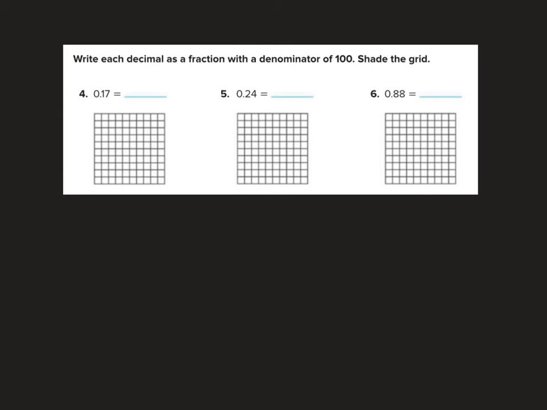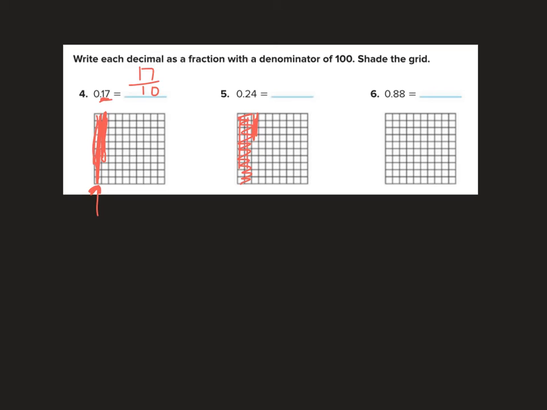17 hundredths. Notice now I'm having boxes. That means I'm talking hundredths. I need to color in 17 of them. 1, 2, 3, 4, 5, 6, 7. So I should have 3 left over. Yep. So notice I have 1 ten stick and 7 hundredths, 7 boxes. So this would just be 17 hundredths. Next, 24 hundredths.